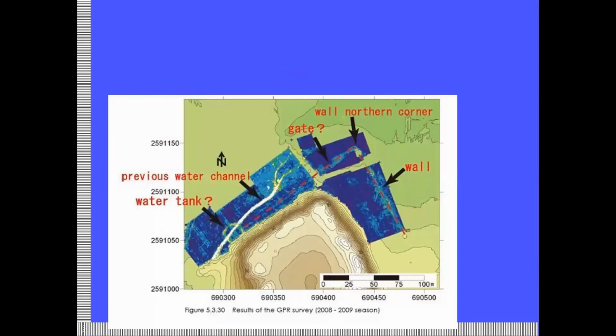Outside this main fortified area, there was an outer enclosure also, to the north and northeast of the site. A GPR survey revealed this. Actually, if you can follow my cursor, this dark red dotted line was an enclosure.